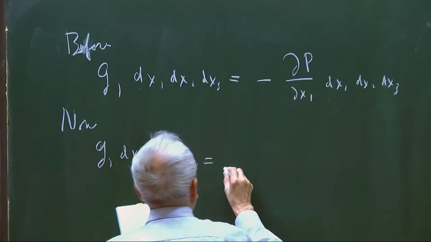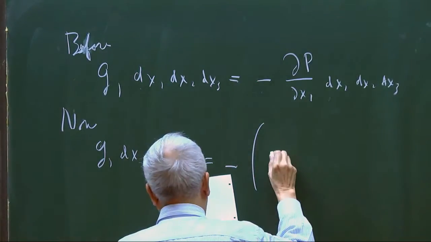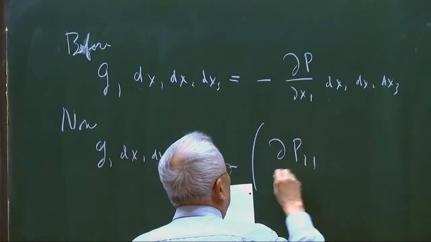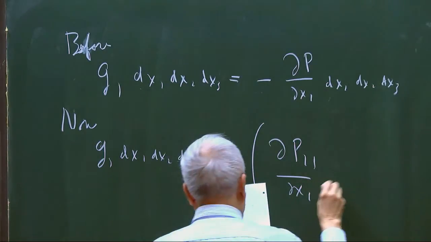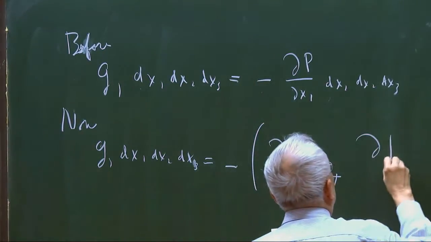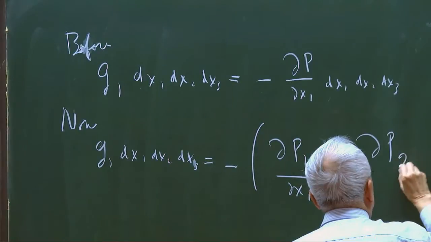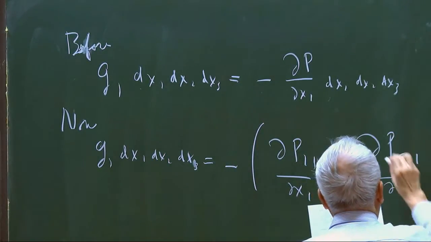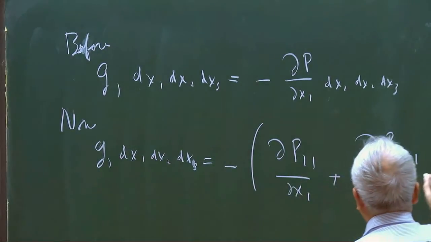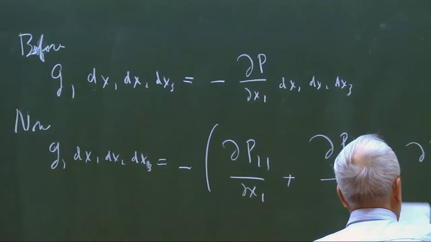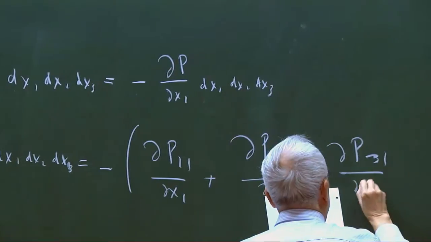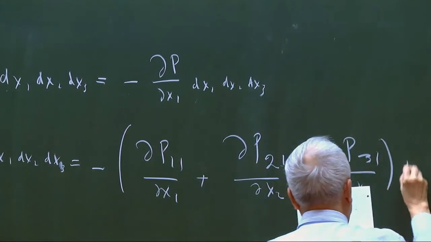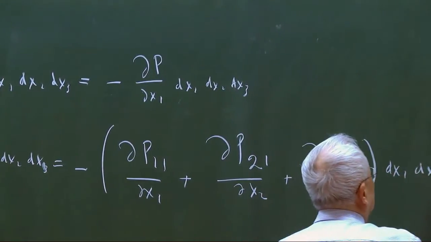And so this is equal to minus, instead of this, I have dp11 dx1 plus dp21 dx2, the force acting on the second surface on the first axis, because I have to take the difference along the two surfaces, plus dp31 dx3, times dx1 dx2 dx3.